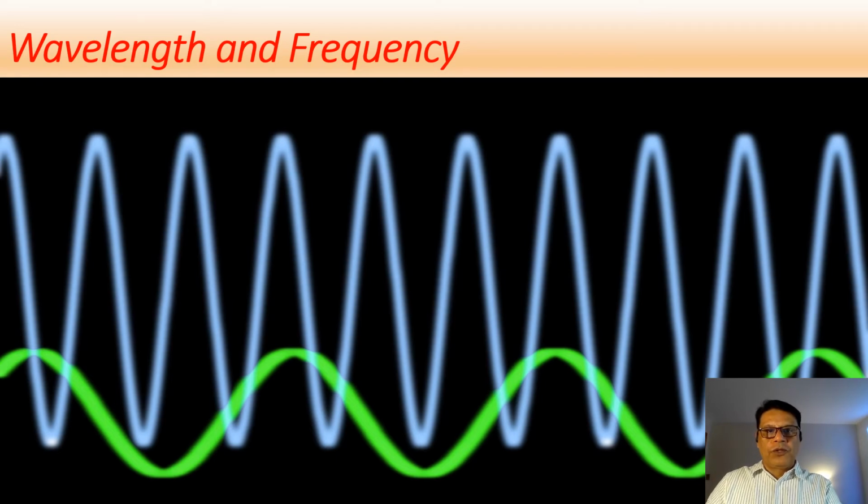If you notice the wavelength, this is pulse number 1, and it has a small wavelength as compared to pulse number 2. This is pulse number 2. There is a larger distance between 2 consecutive crests, and there is a smaller distance between 2 consecutive crests.